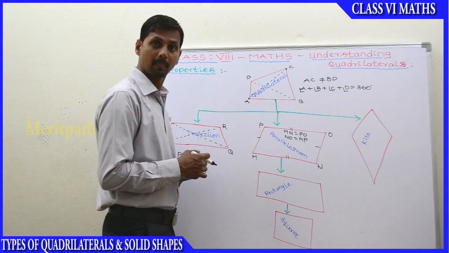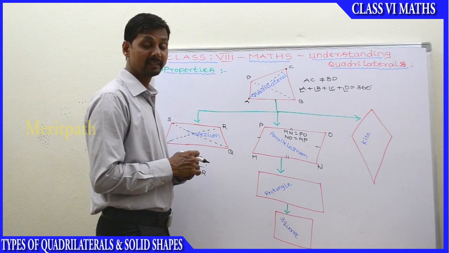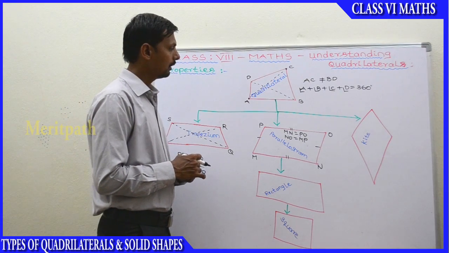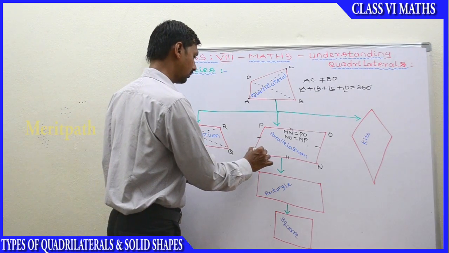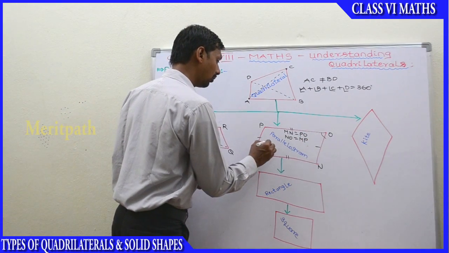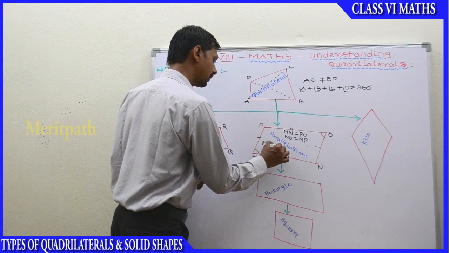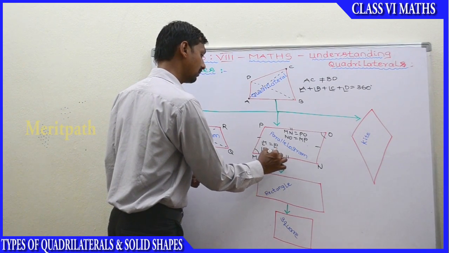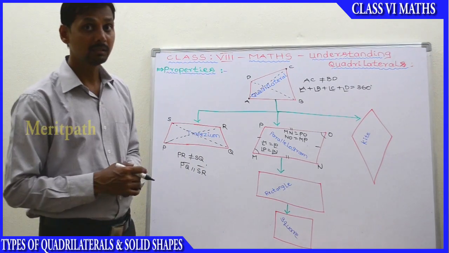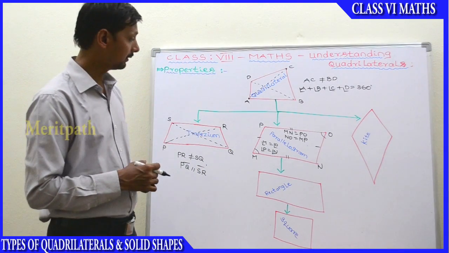And then there is one more property: opposite angles are equal in a parallelogram. So angle N is equal to angle P, and angle M is equal to angle O. Opposite angles of a parallelogram are equal.